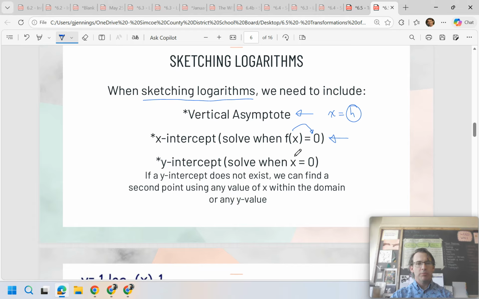The y-intercept, there will only be a y-intercept if we have some kind of phase shift. Otherwise, the line x equals 0 is your asymptote. So in those cases, which are very common, we can just find one other point. Just find a second point using any value of x within the domain, or solve for some y value that you feel is convenient. There might be a particular point of interest, but if it's just an algebraic situation, pick one that's going to look pretty on your graph.